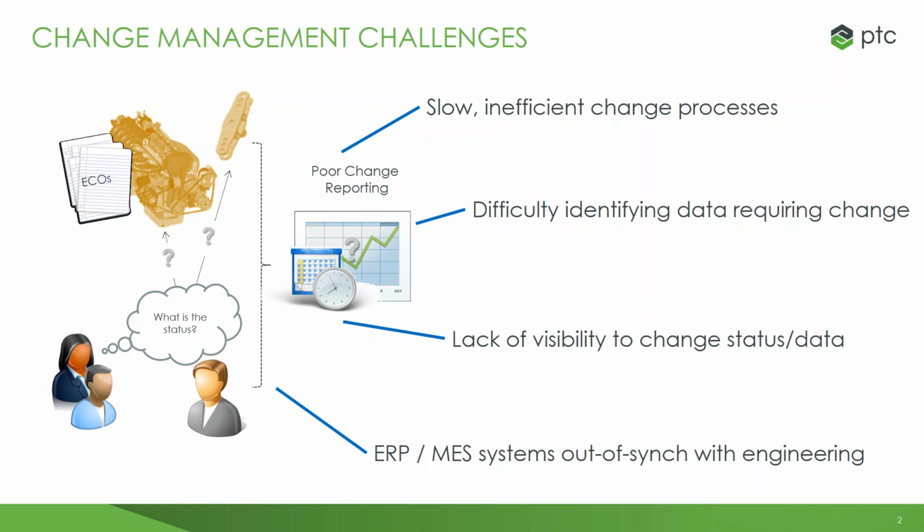And lastly here, ERP or MES systems are typically out of sync with engineering. Those systems are more so down the road, whereas Windchill is more of a work in progress type of system. The synchronization between the two isn't always there, and becomes again another hassle that you have to deal with when you're trying to go through some of these complex changes.